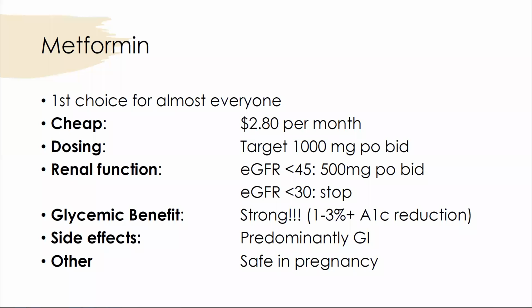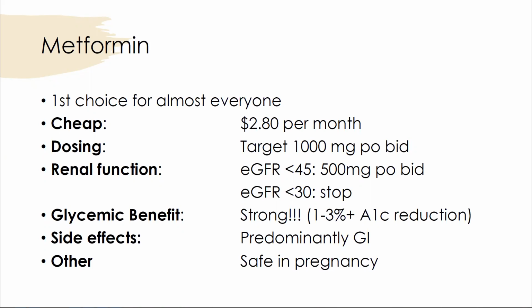It's a very cheap medication for people who have no coverage, $2.50 a month at the target dose of 1,000 milligrams twice a day. I consider there to be really only one dose for metformin, and that is 1,000 milligrams twice a day, unless you have to change it for the renal function or side effects. So I don't really use the lower doses and then increase the dose as the A1C goes up.